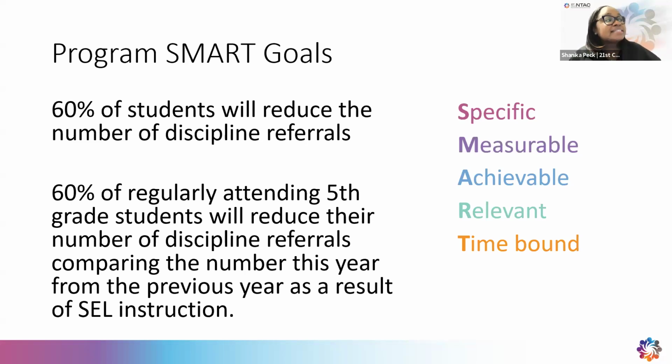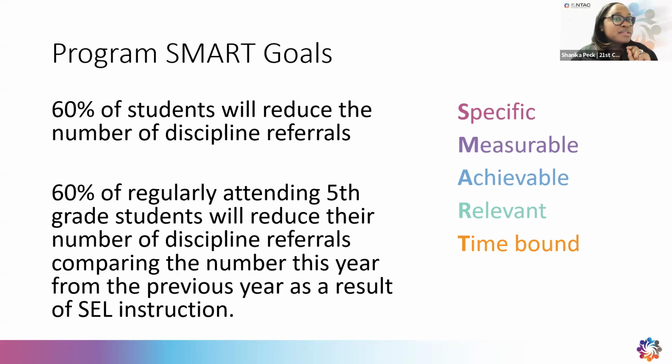So now we're saying 60% of regularly attending 5th grade students will reduce their number of discipline referrals, comparing the number this year from the previous year, as a result of SEL instruction. Now, I really like this SMART goal because not only do we have numbers to let us know this is the look for when it comes to that quantitative data, but we're also including how we can make this achievable in our program plan, right?